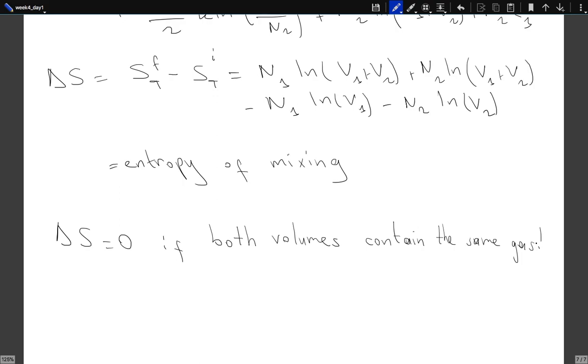But according to our expression of the entropy, there is an increase in the entropy, which shouldn't be there. That's the problem that we should address.